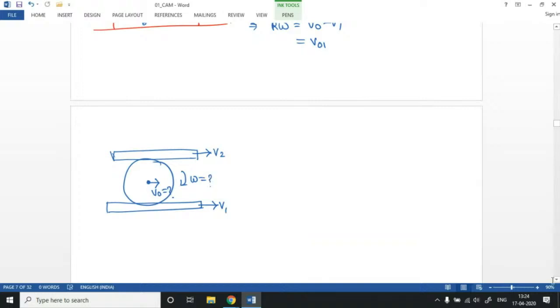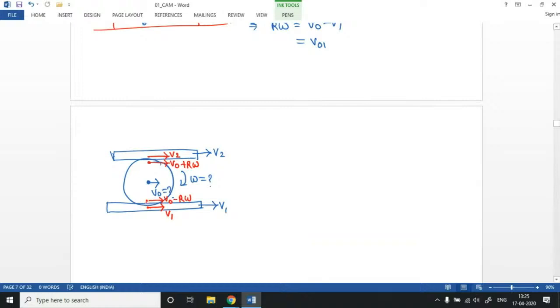So that is, I think, a very simple question. So first of all, we can say that these are 2 points in contact. So for rolling, these points must have the same velocity. So this point will have velocity v naught minus r omega, and this point will have velocity v naught plus r omega, and this point has velocity v1 and this point has velocity v2.